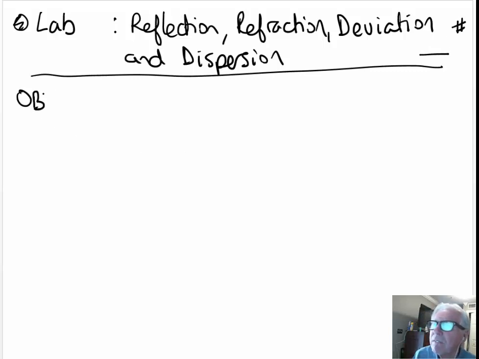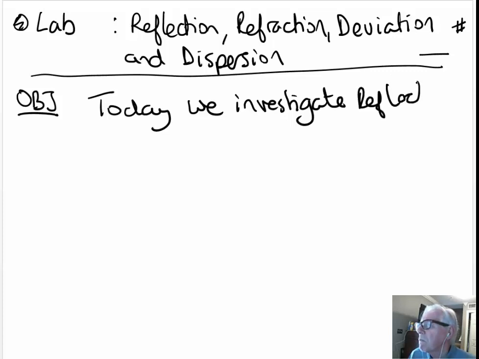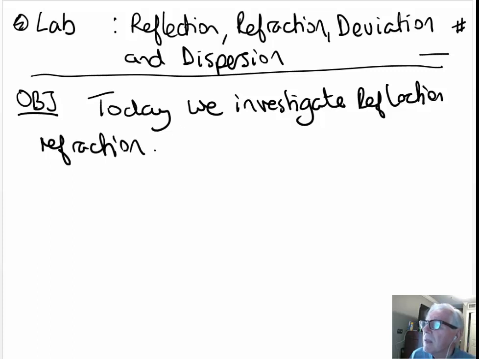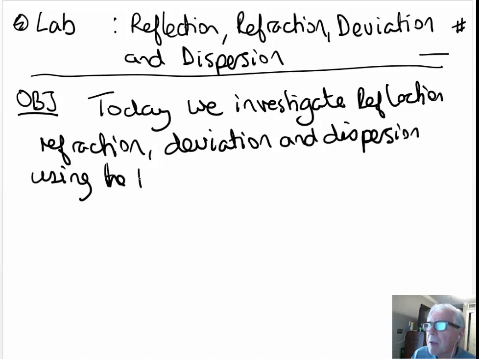And then our objective today: we investigate reflection, refraction, deviation, and dispersion using the PHET website. Cool.